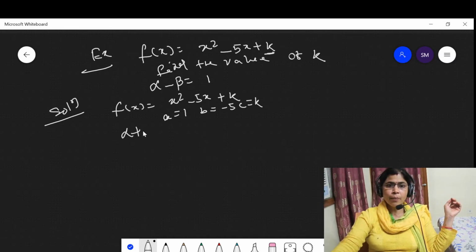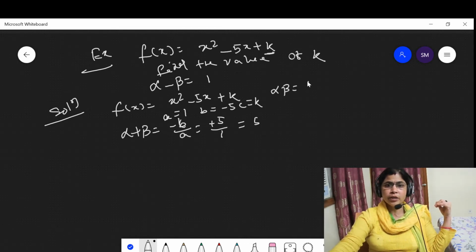Then alpha plus beta is equal to minus b upon a, which will be minus of minus 5, means plus 5 upon 1 is 5, and alpha into beta is equal to c upon a, which is k upon 1 is equal to k. Here alpha into beta is k and alpha plus beta is 5.